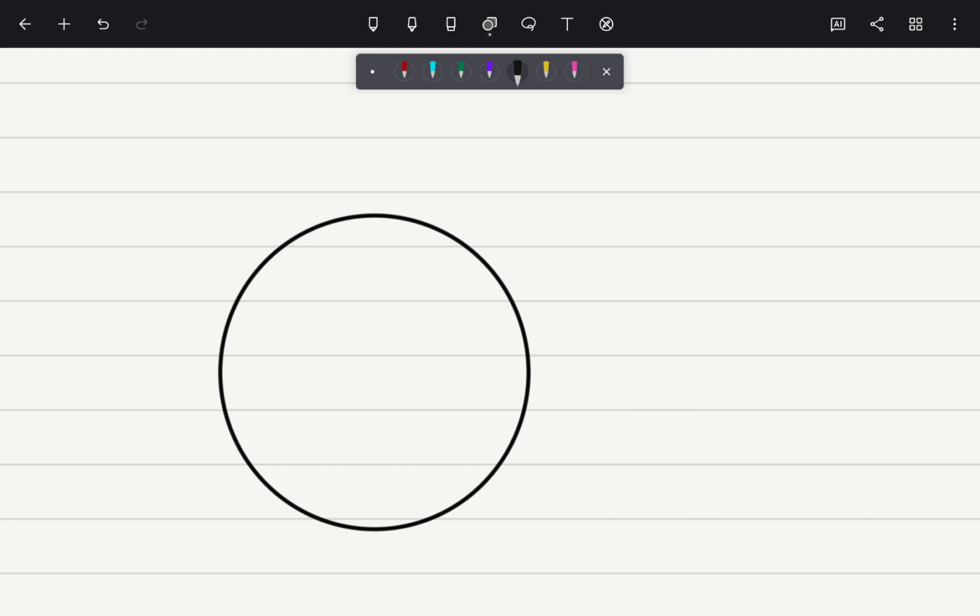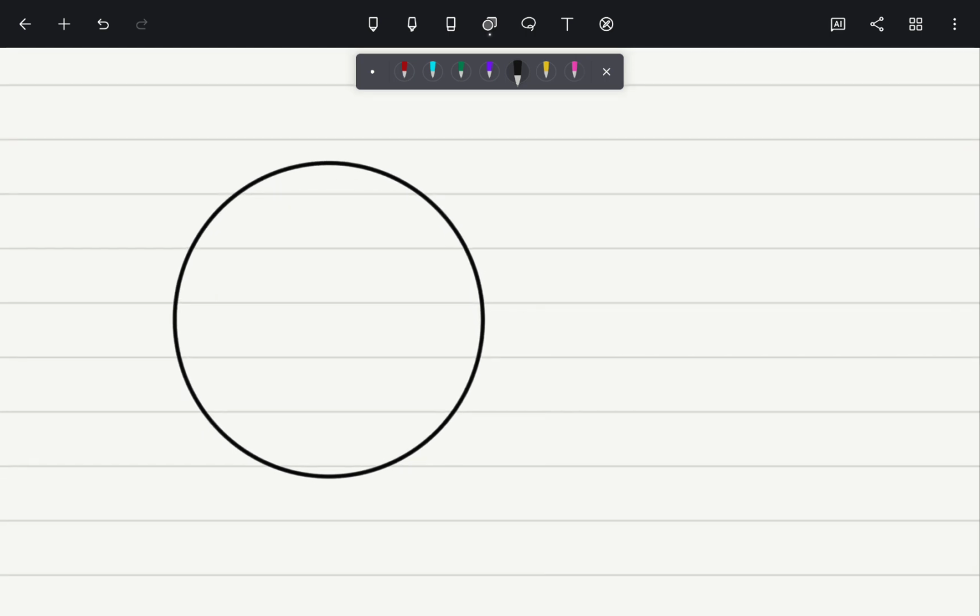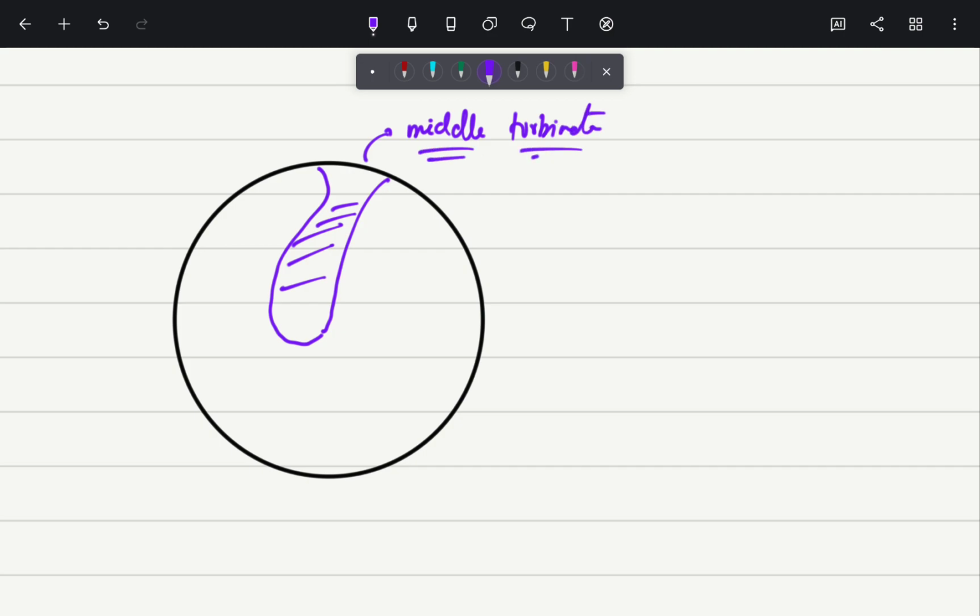Think like this: you are doing a nasal endoscopy, and this is the hole or the external opening of the nose. And from the nose we can see a middle turbinate like this. So what is this? This is the middle turbinate. Please use your imagination, because this is solely based on your imagination.